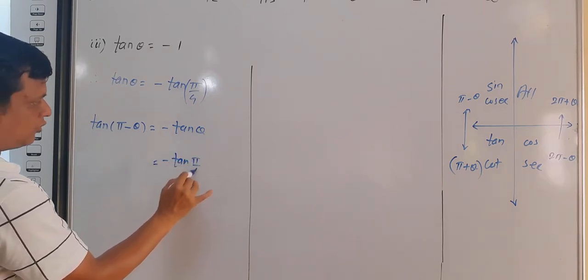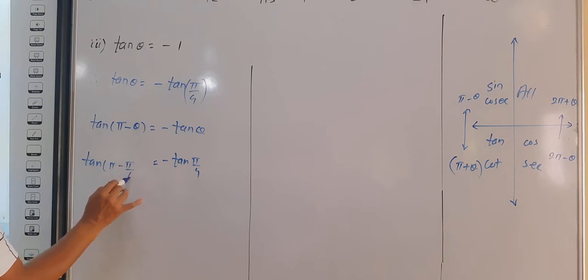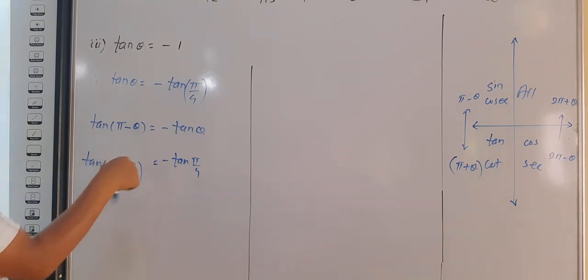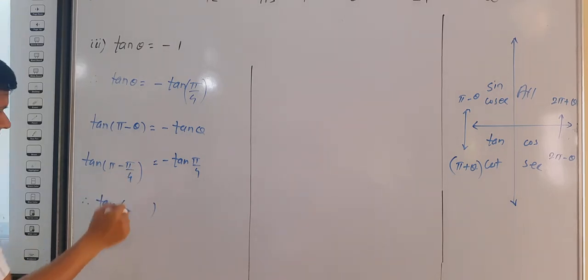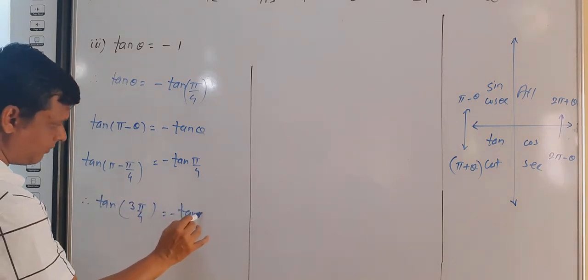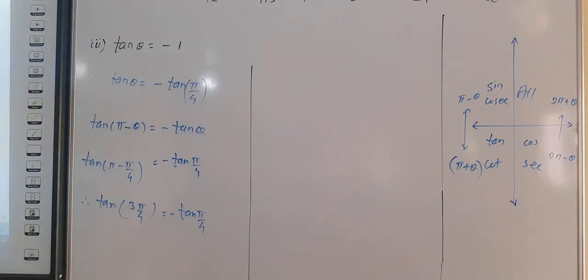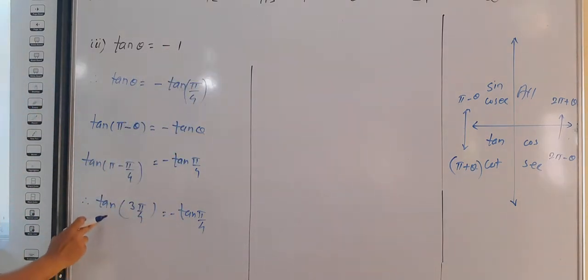In the LHS, tan pi minus pi by 4, we are replacing theta by pi by 4. Therefore after cross multiplying we get tan of pi minus pi by 4, that is 3 pi by 4, equals minus tan pi by 4. So in place of minus tan pi by 4 we write tan 3 pi by 4.